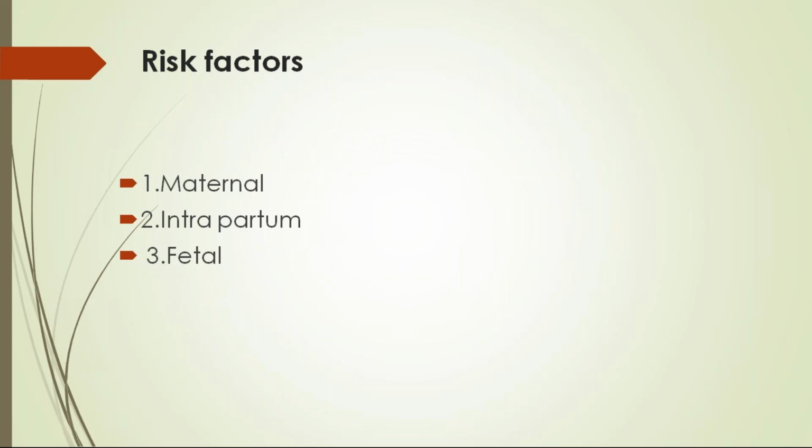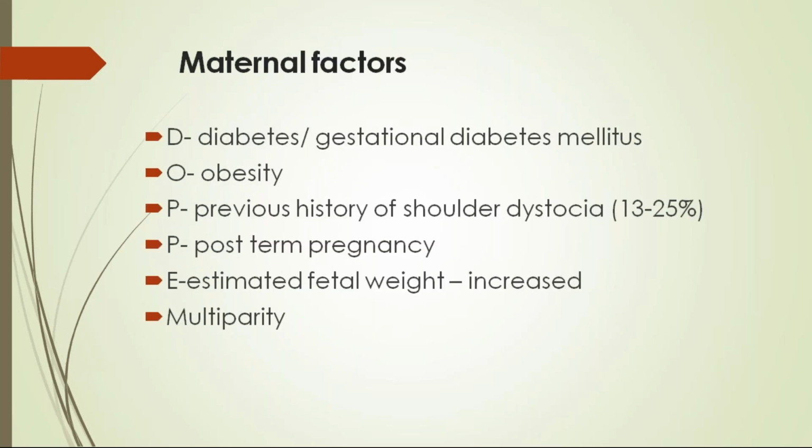Coming to risk factors, there are maternal risk factors, intrapartum risk factors and fetal risk factors which lead to shoulder dystocia. First of all, maternal risk factors: diabetes or gestational diabetes mellitus, which leads to macrosomia in the fetus, and obesity, which in turn causes macrosomia in the baby, and previous history of shoulder dystocia.